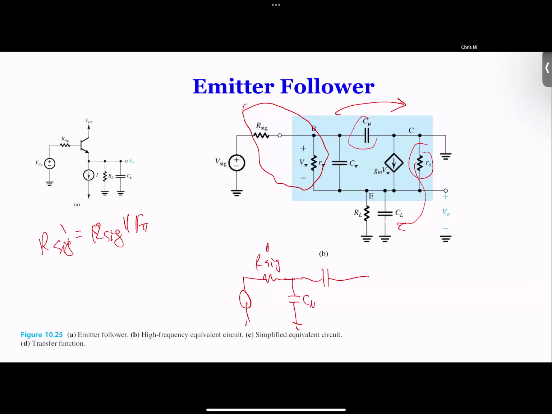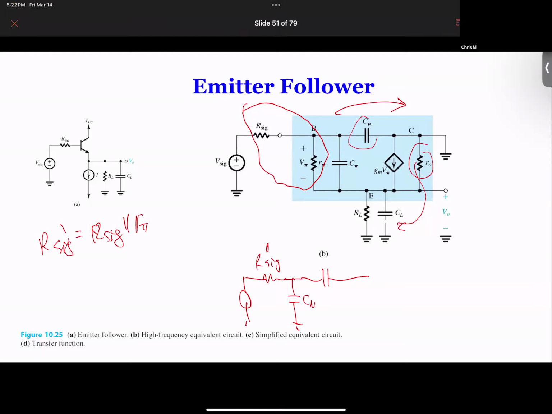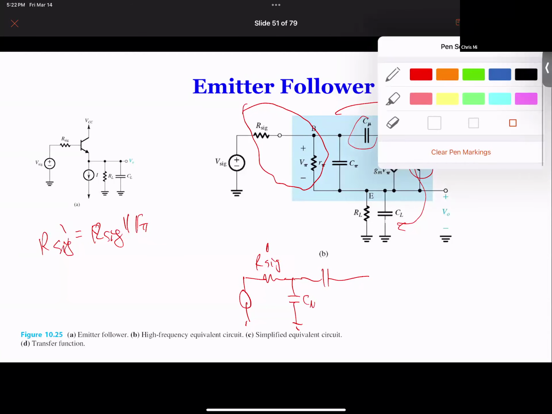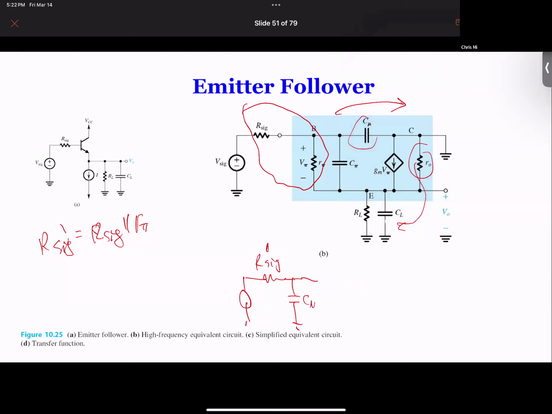We're really going to look at this: C mu is ground, and C pi is not ground. And then we have this current source. And then we have this one, RL prime and CL.